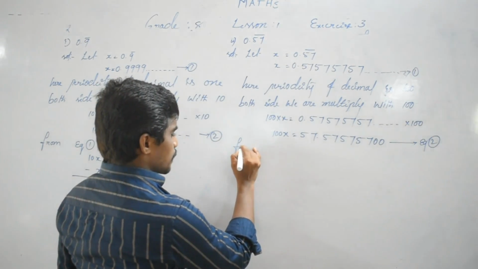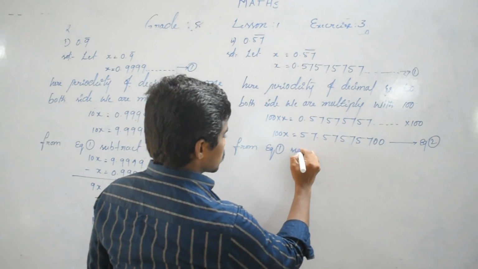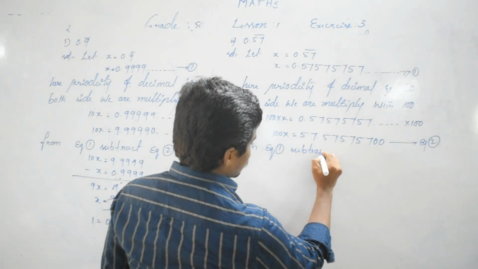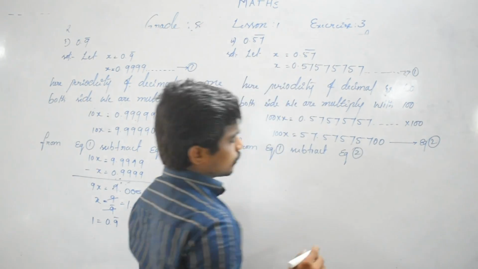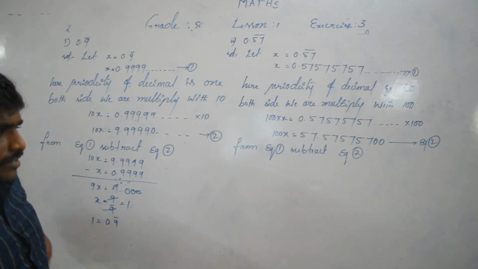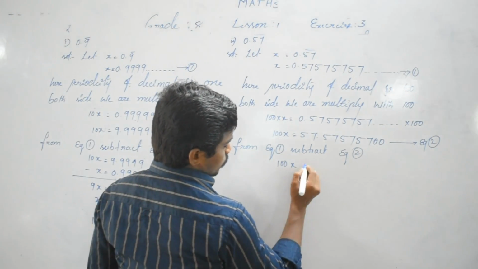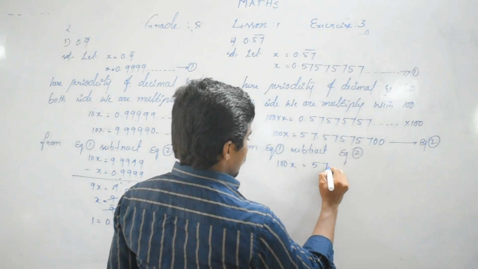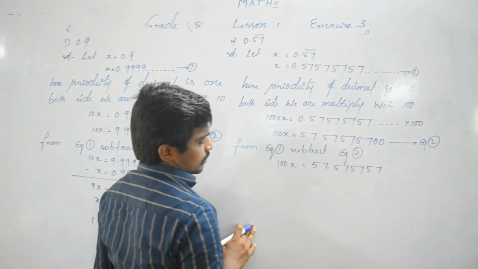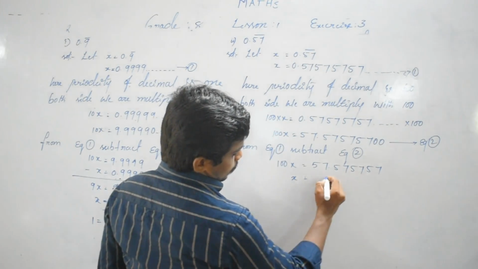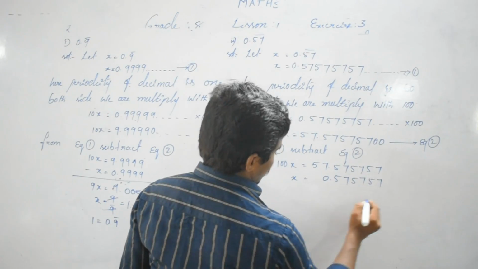So from equation 2, subtract equation 1. 100x equals 57.5757, x equals 0.5757.